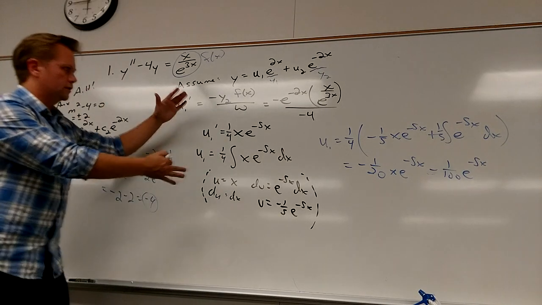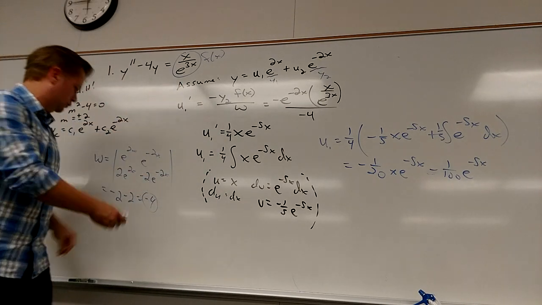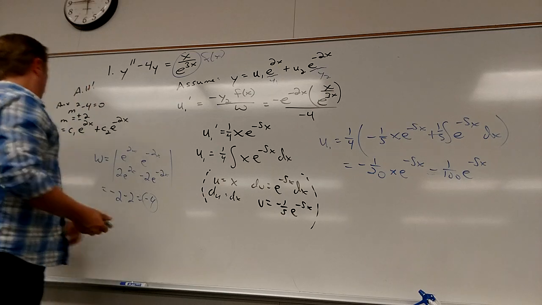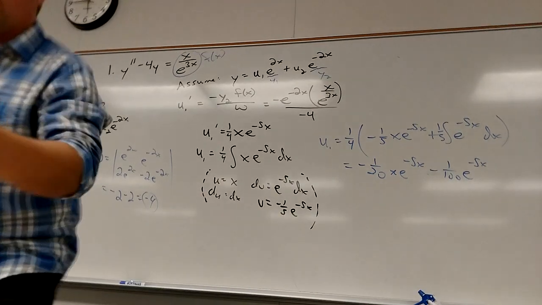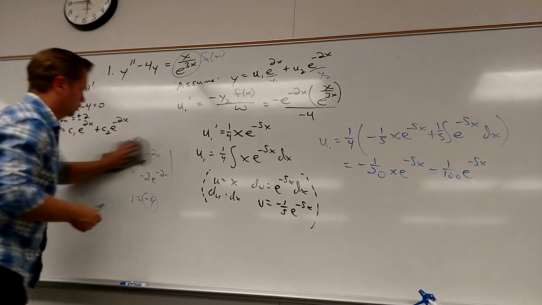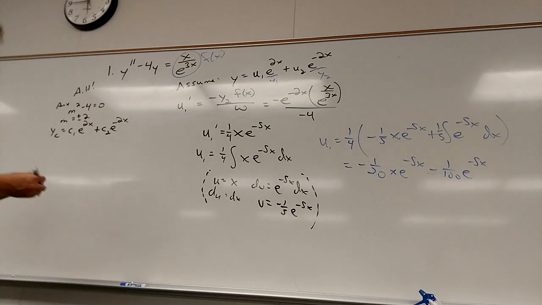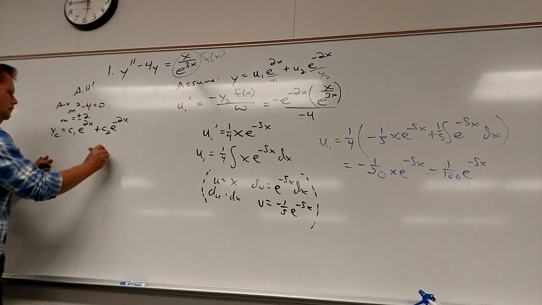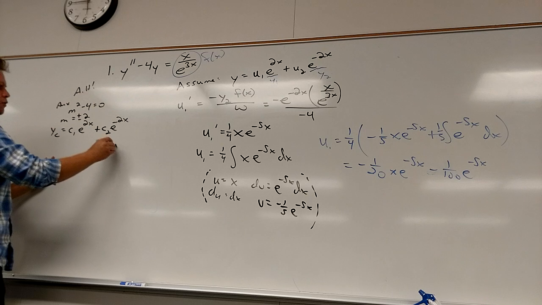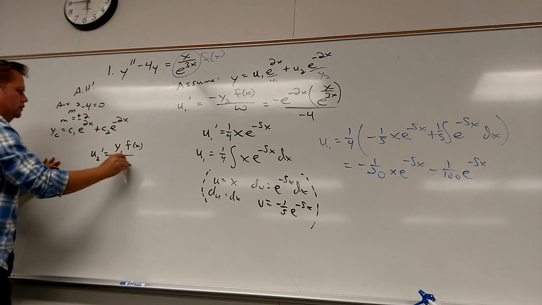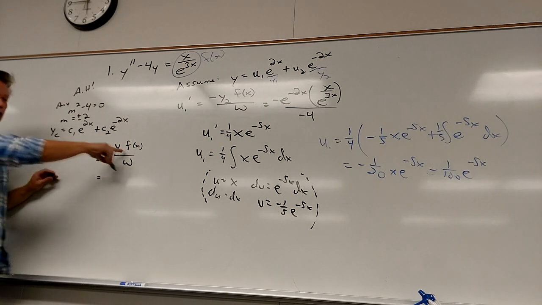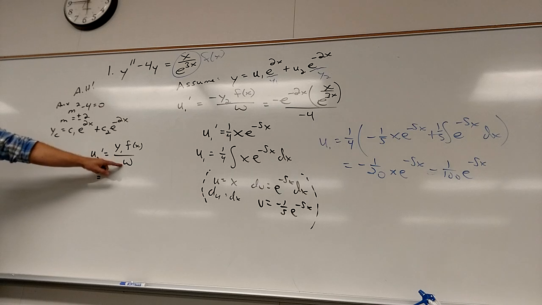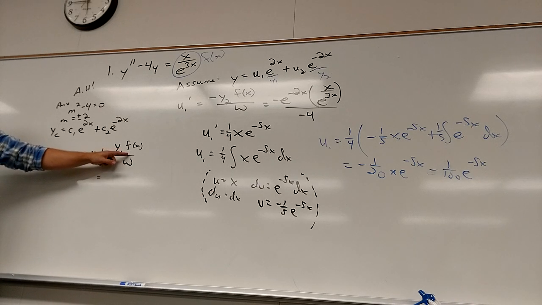U2 would be done the same exact way. What would U2 prime look like? What does mine look like? Sweet. U2 prime will now be y1 f of x over the Wronskian. That's the shortcut, by the way, right? Why can I just say this so easily?